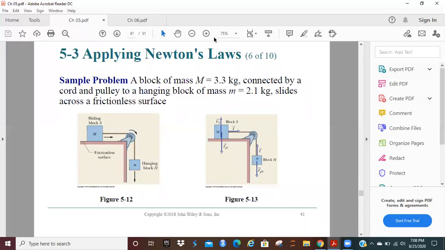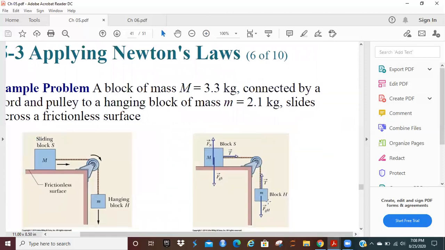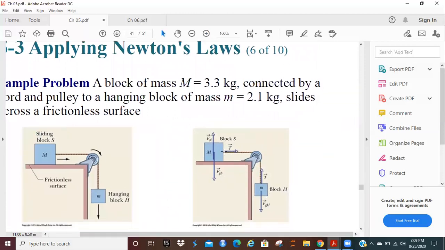If we draw our force vectors, we see the normal force right here, and then the force due to gravity on this block S. Here on block H, we've got the tension pulling it up, and then we have the force of gravity on block H.